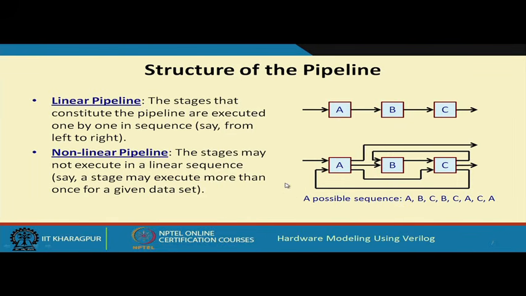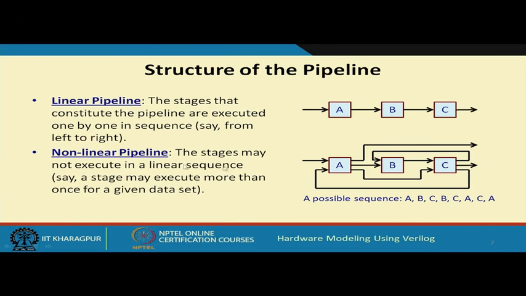Fine. Now, talking about the structure of a pipeline. A pipeline can look like this, as we have seen. It is called a linear pipeline. The stages are connected in a linear fashion. The output of one goes to the input of the other in exactly a straight line fashion. But for more complex systems, of course, here we shall not be considering such examples, pipelines can be non-linear also, meaning that there will be stages, let us say A, B, C, but data can flow not necessarily from A to B, B to C. Data can go from A to C also sometimes, C to B also, and C to A also.